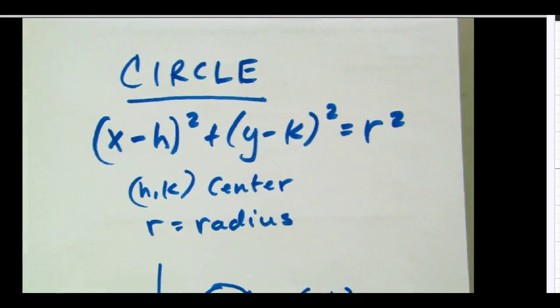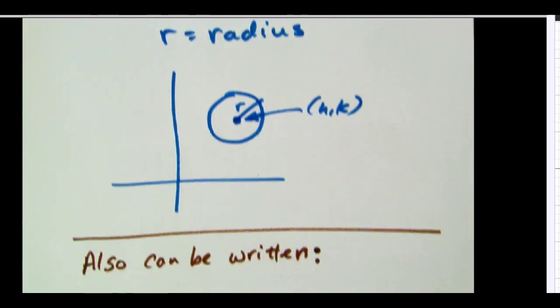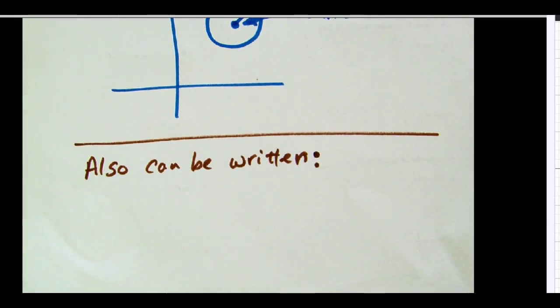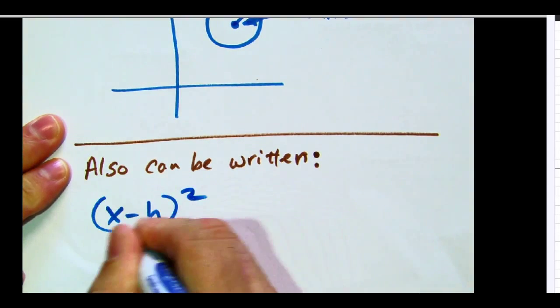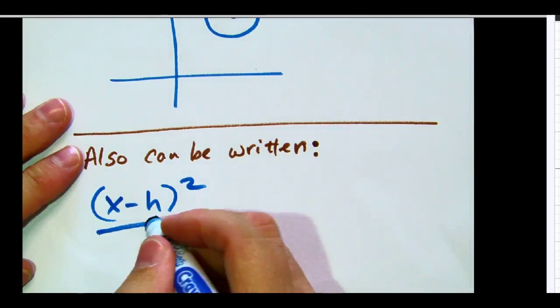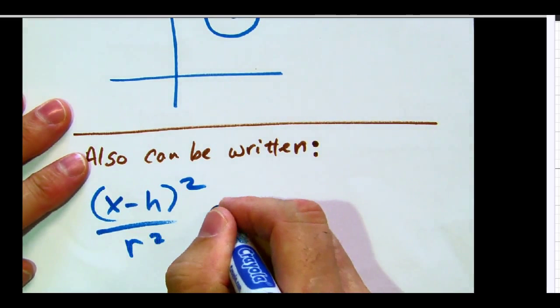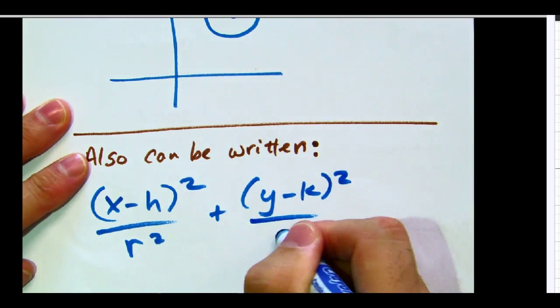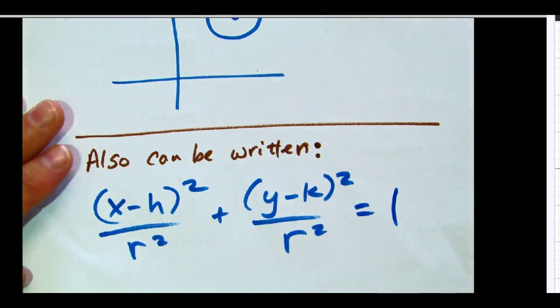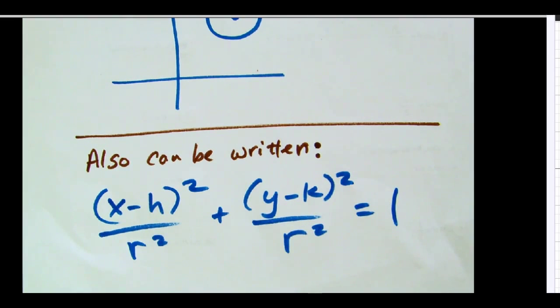And that's a circle. Now what we can do is write this circle also in this form. I can divide this by r squared, and that's equal to 1. So this is kind of the general form that you're going to start seeing for the ellipse.